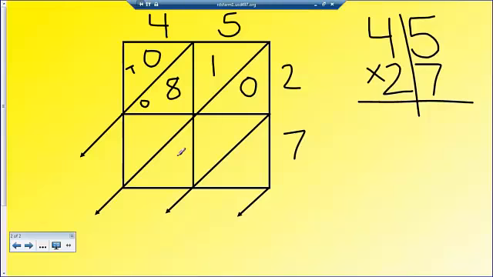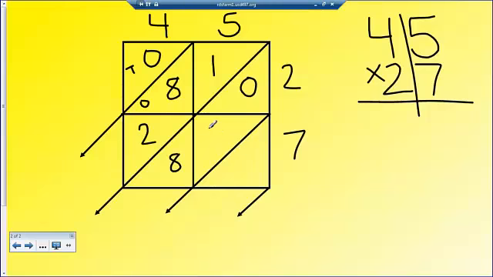Now let's move on to the bottom row. 4 from the top times 7 from the side is 28. So 2 will go in my top triangle and 8 will go in my bottom triangle. My final box is 5 times 7.